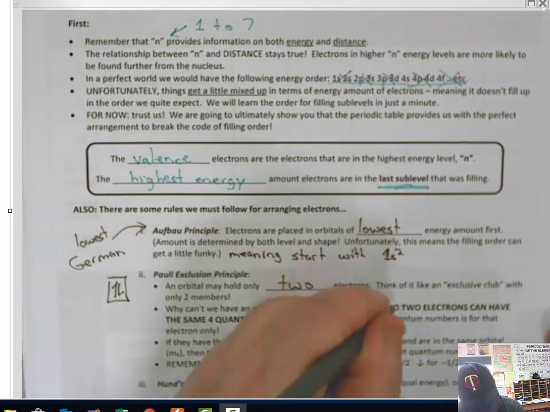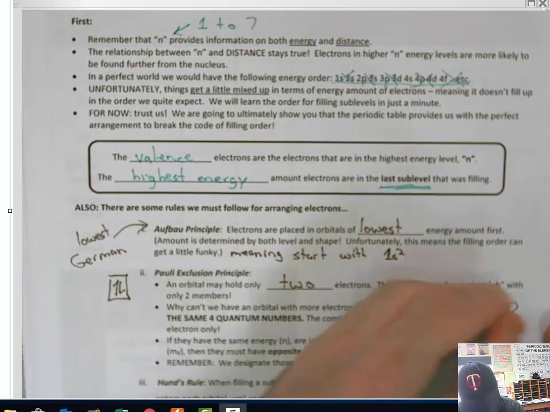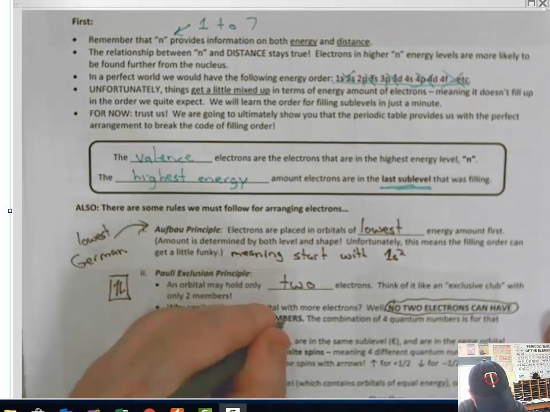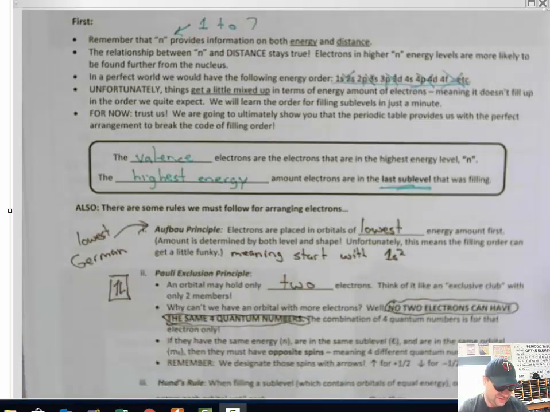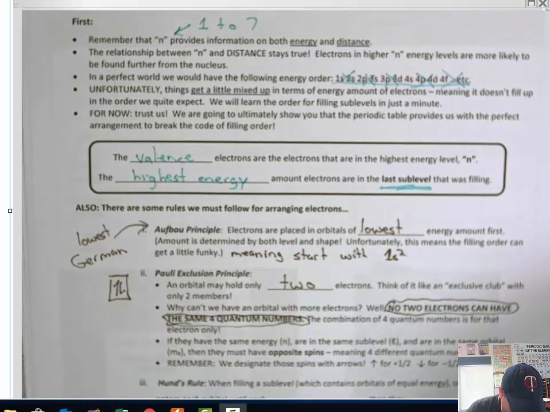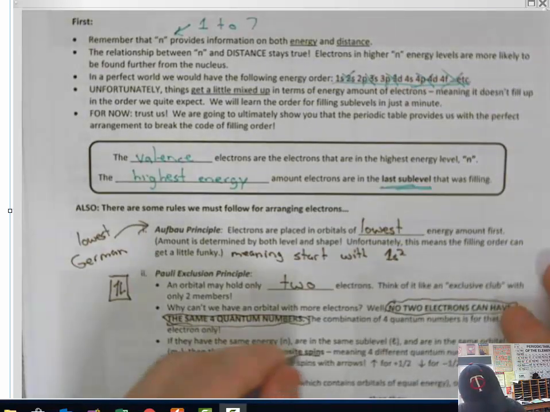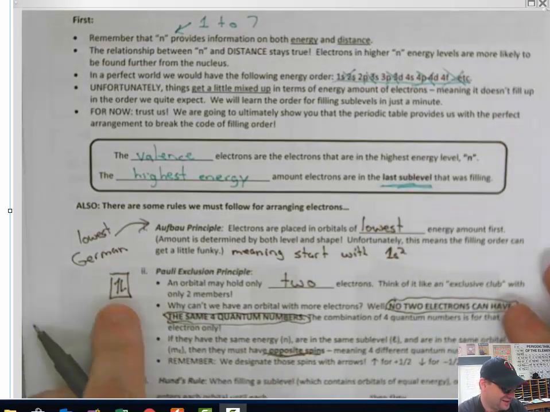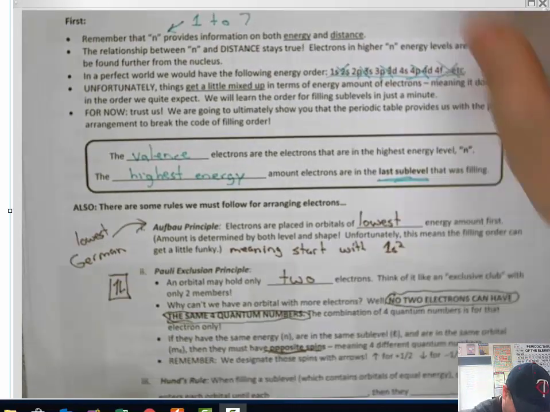This is important as well. No electron can have the same 4 quantum numbers, because each electron has to have its own seat. We can't have 2 people sitting in one seat. And they have to have opposite spins. That's why we have clockwise and counterclockwise there.